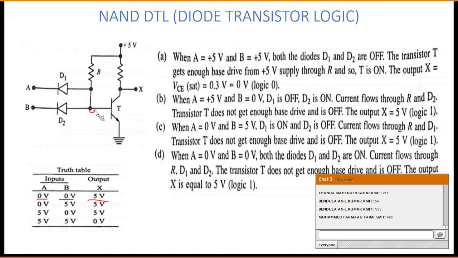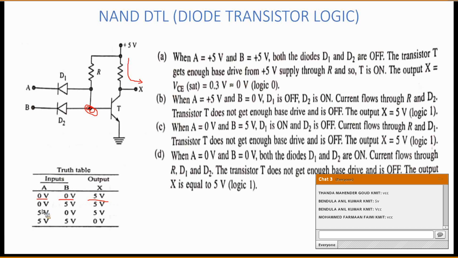There is not enough voltage available at this junction to turn the transistor on, so the transistor moves into the off state. If the transistor is off, then the total VCC is available at the X output. Hence for 0 and 0 input, the output is equal to 5 volts, logic 1.